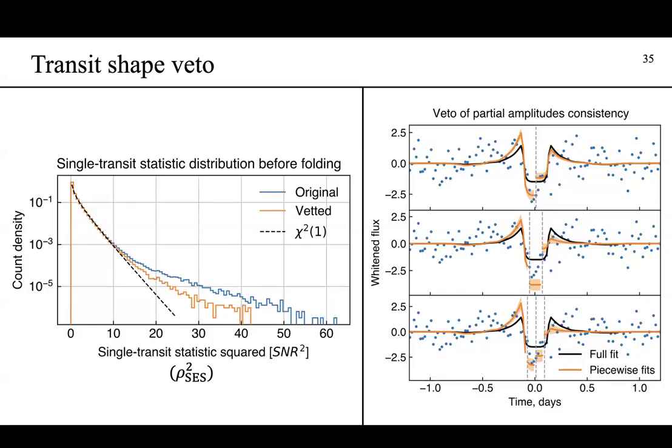The same we can do with 3 parts or with 4 parts. That basically gives us a chi-square test with 2 or 3 degrees of freedom, which is more powerful, and we can reject many of those bad-looking events, which brings us from this tail to a little bit smaller tail. It is good, but it is still a tail, and unfortunately, we could not reach a Gaussian distribution with this.